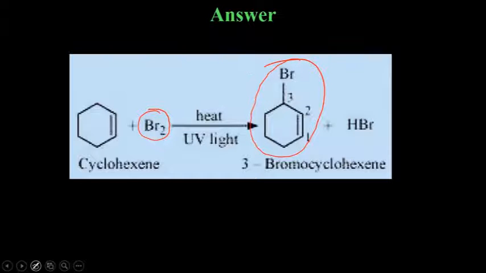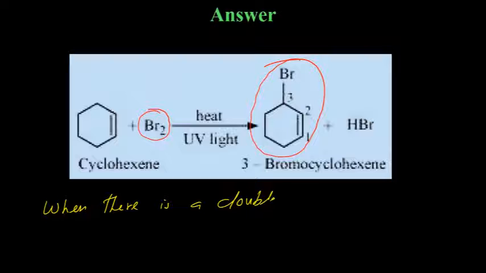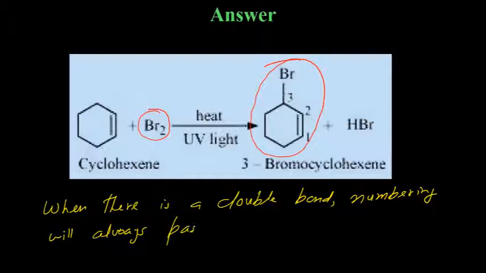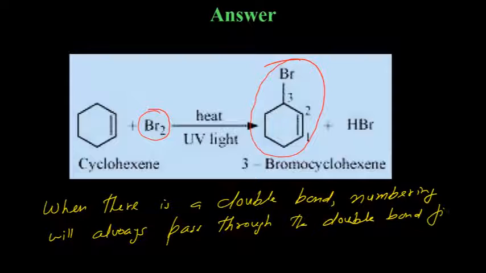Again, the rule, if you remember from 11th, and that's why I emphasized it there: when there is a double bond, numbering will always pass through the double bond. It will not move away from the double bond.